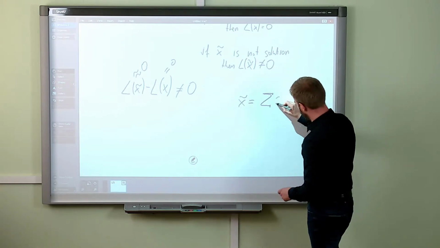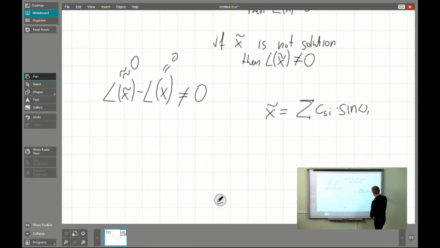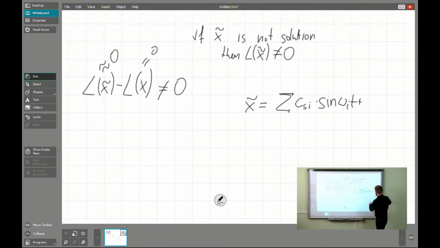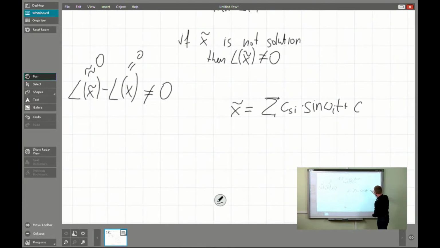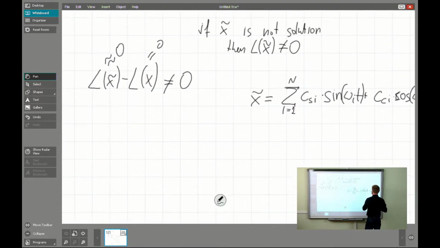Maybe I will give it in such a way: it will be the sine component sine omega i t plus also the cosine component, with the index i which denotes the subsequent elements of that series. Okay, and it will be from i equals 1 to n.